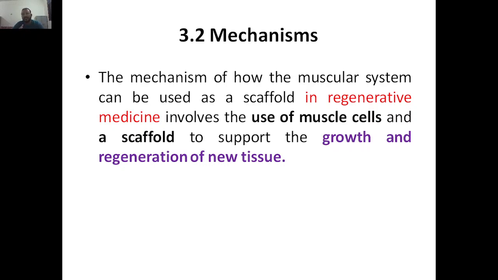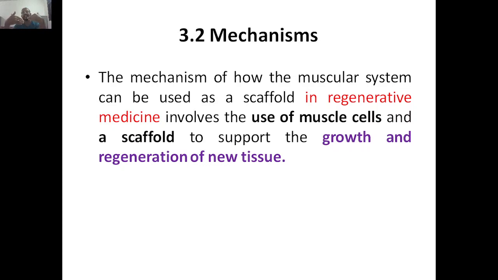So a normal muscle system, that muscular kind of structure, in any body shape where the particular muscle needs to be removed, and the new muscle comes with the help of regenerative medicine.